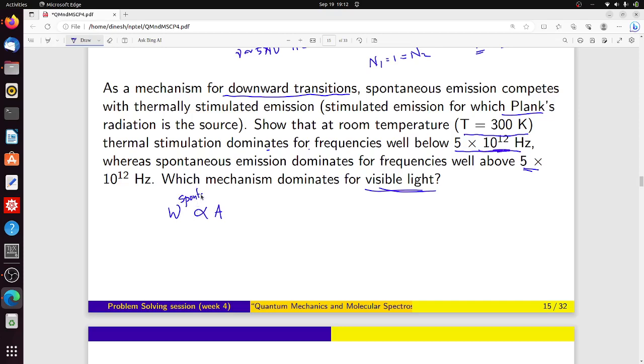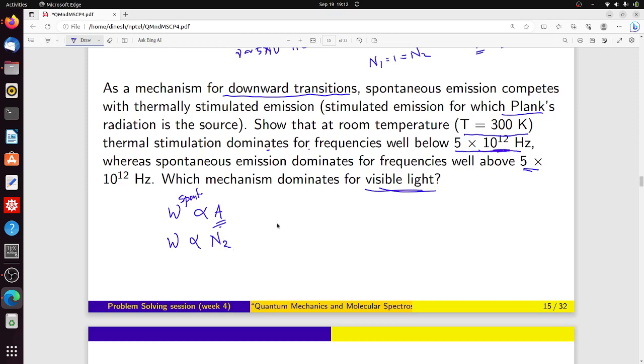Okay, and this W will also be proportional to the number of particles or number of states in this configuration.